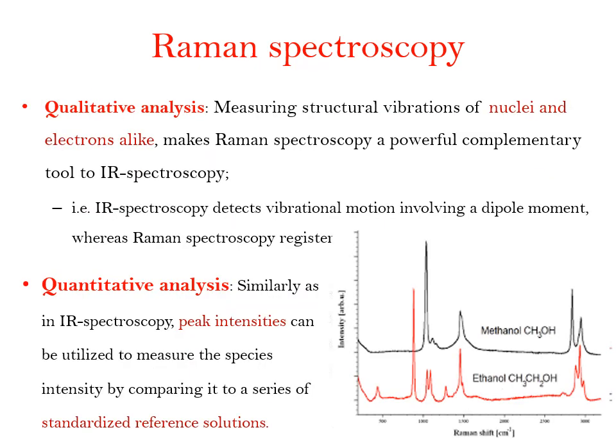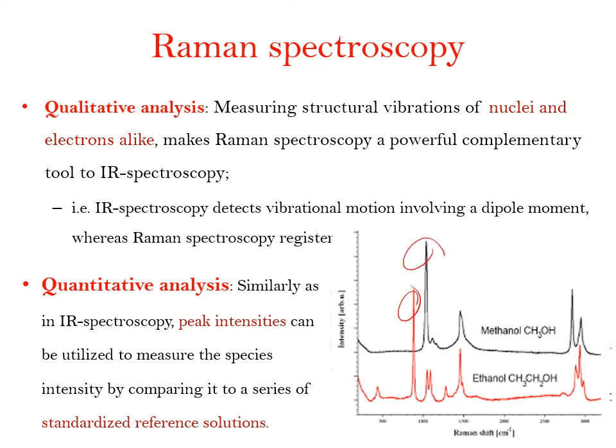So Raman spectroscopy is both qualitative and quantitative. The general spectrum profile, which is the peak position and relative peak intensity, provides a unique chemical fingerprint which can be used to identify a material and distinguish it from others.